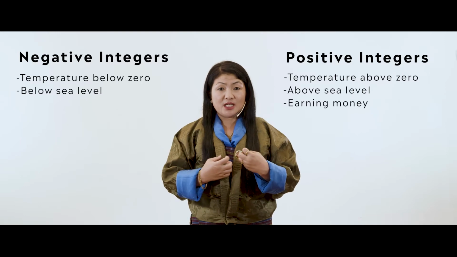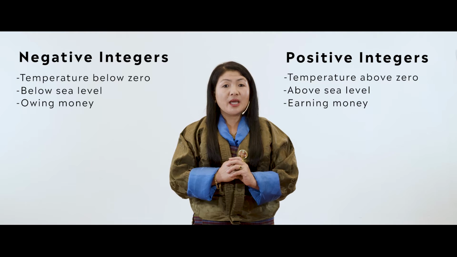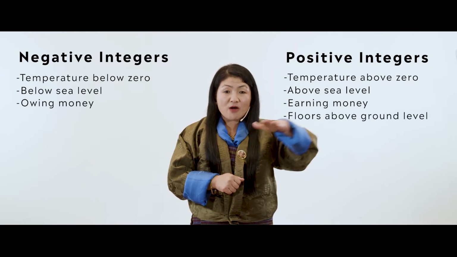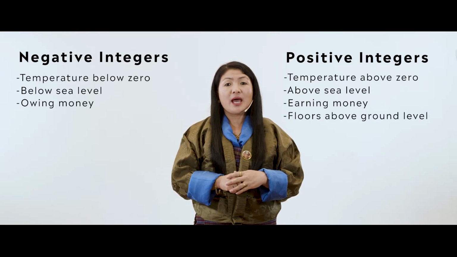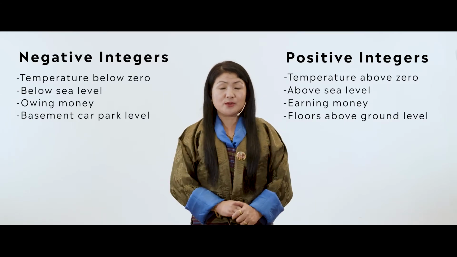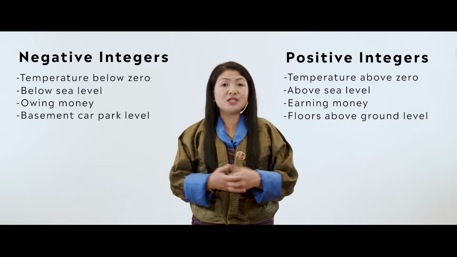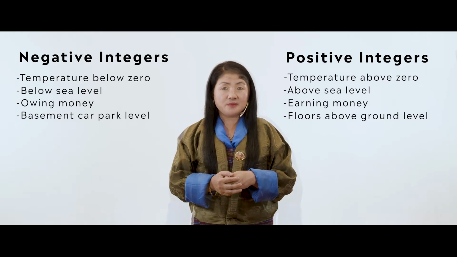Earning money is positive and owing money is negative. And floors above the ground level are positive and the basement car parking levels are negative. So these are a few examples of integers which we use in our everyday life.